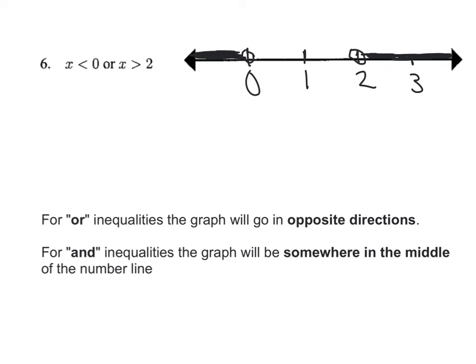So with an or example like this, inequalities that have two rules where it's this or this, your graph is generally going to go in two opposite directions, okay? Similar to what we have here. And for an and inequality, the graph will be somewhere in the middle of the number line, like we had with number 5. Okay, and if you haven't done so already, please go ahead and pause the video and try graphing the rest of the numbers between 3 and 10 on your own.